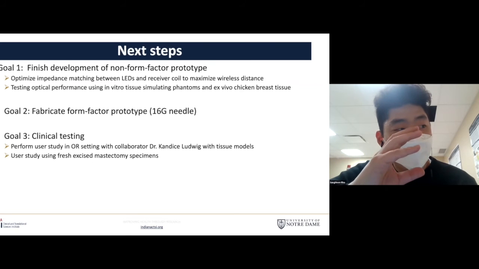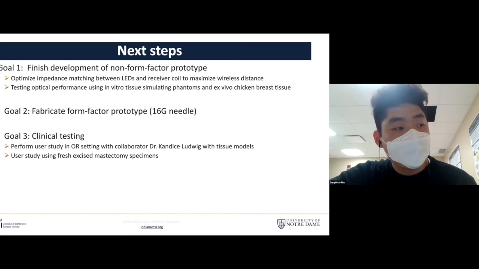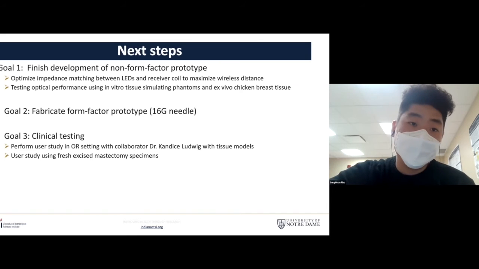Even if the tumor is really dense, longer wavelengths and low absorption spectra will have much greater penetration depths. So that is why we chose two light sources. We're still working on optimization, to see which one will be better for penetration depth.